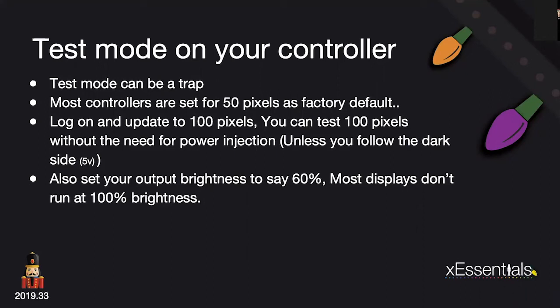So there's no point testing at 100%, because at 100% you might have power issues, but at 60%, those power issues could be gone. So once again, it's those little items that will save a lot of stress and a lot of time and effort later on if we spend the time beforehand doing it.